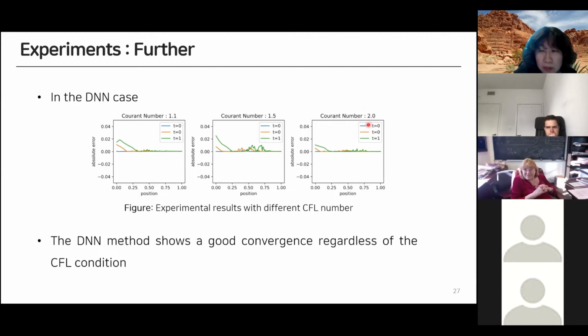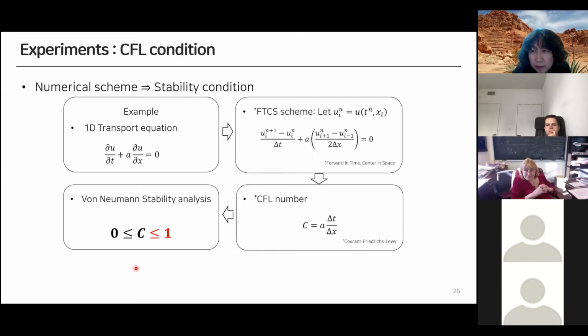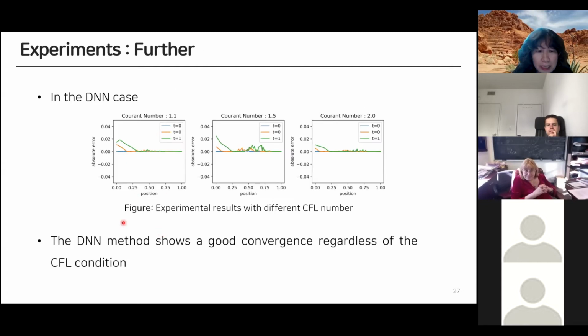All these numbers are bigger than 1, beyond the stability condition. Even though the number is bigger than 1, beyond this interval, this method gives good convergence regardless. So this is another advantage.